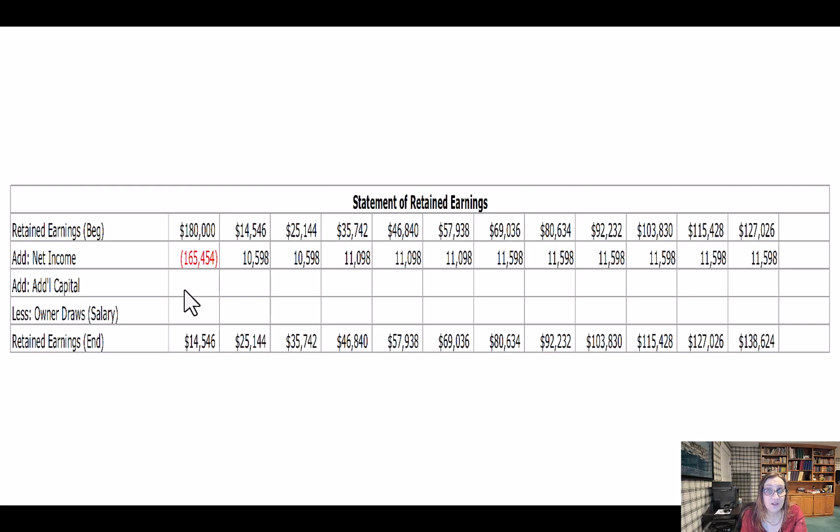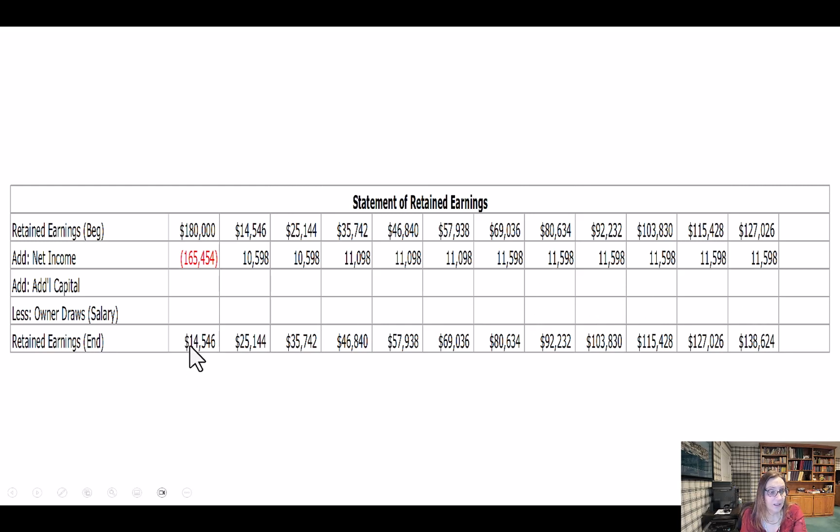So I think my business will have enough money to sustain itself without further cash infusions from me. Remember also I said that part of my skin in the game was I was going to defer my salary. So that is why the less owner salary line is blank. I am not anticipating pulling any money out of this business.